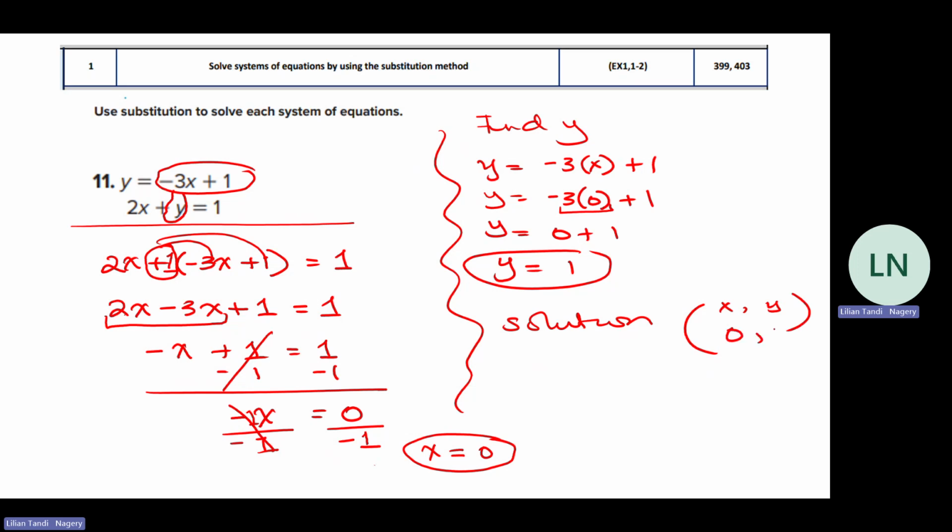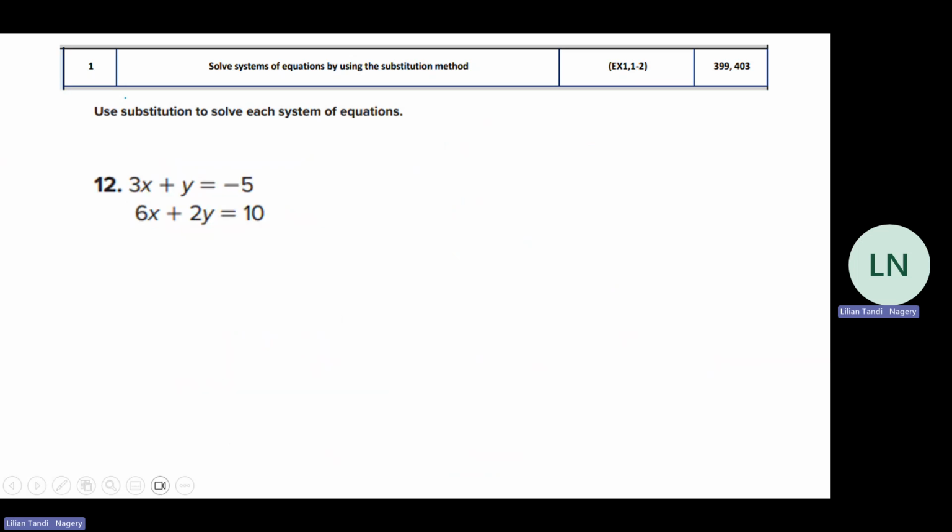X is 0, y is 1, and you box your answer. And you check by yourself. So if I check quickly, this is 1, this will be 0, and this will be 1. So here will be 0, and 1 equals 1. Yes. Okay. So I know my work is correct. So you should be able to check your work by yourself.